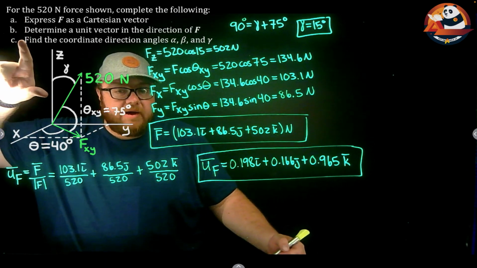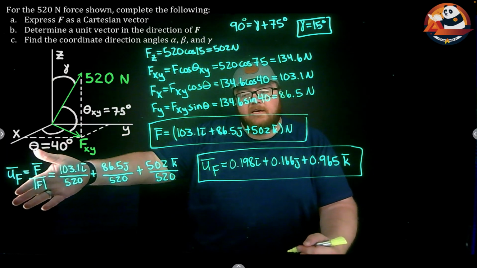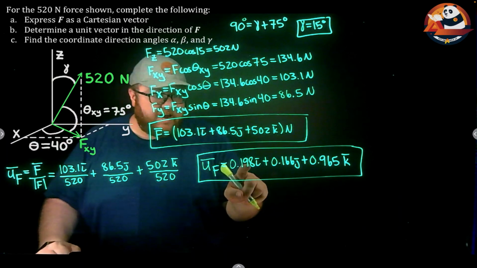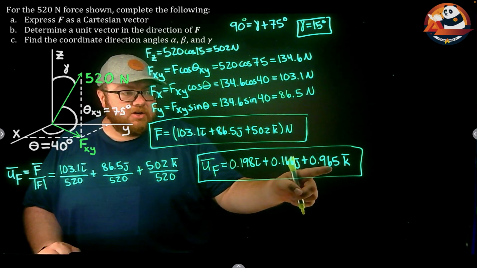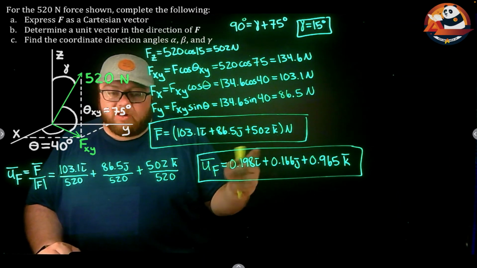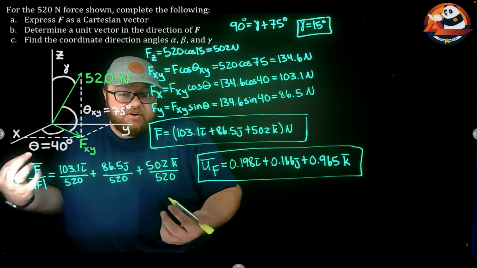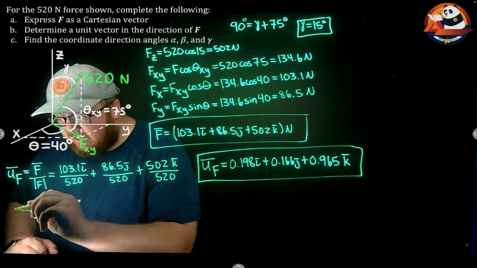Finally, I just want to come in and get my coordinate direction angles. We could also work through this. A unit vector is the cosine of alpha in the I direction, plus the cosine of beta in the J, cosine gamma in our K. Really, if I have this as the cosine of alpha is 0.198, I can take the inverse cosine of that to get to alpha.